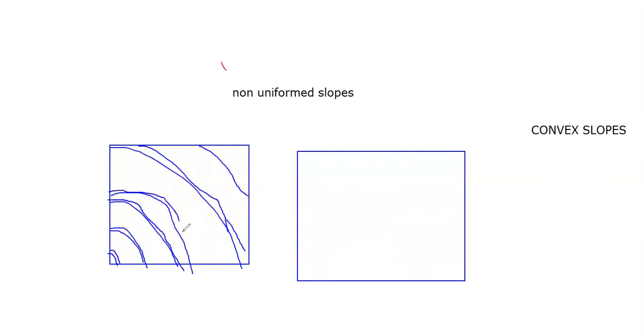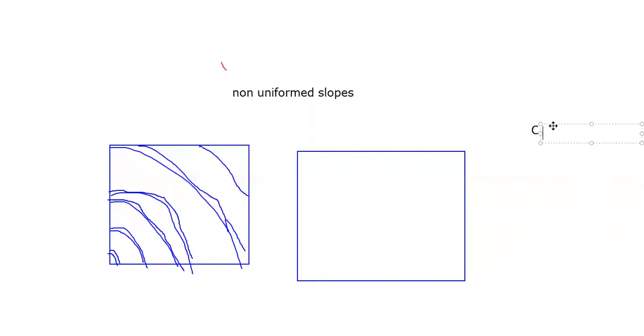It's like you have one or two contour lines, or even three, being grouped together and very close to each other. And then you notice that there are gaps of white spaces. Now, this is what we call stepped slopes, right? This is what we call stepped slopes.